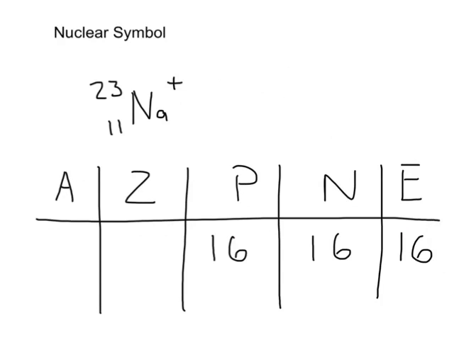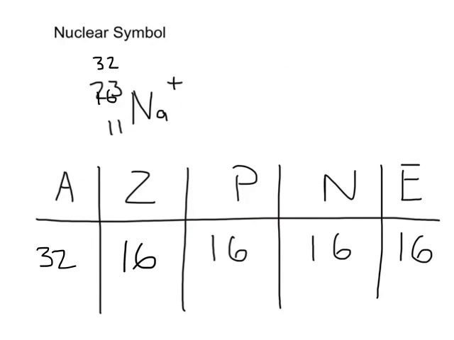Okay, sometimes I'm not going to give you the nuclear symbol. Sometimes I'm just going to give you combinations of things down here. So let's look at this one. If I have 16 protons, that means my atomic number is 16. If I have 16 protons and 16 neutrons, protons plus neutrons equals 32, which will be my mass number. So I can start making my nuclear symbol, 32 over 16.